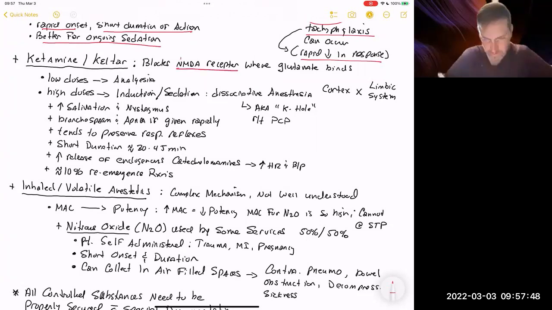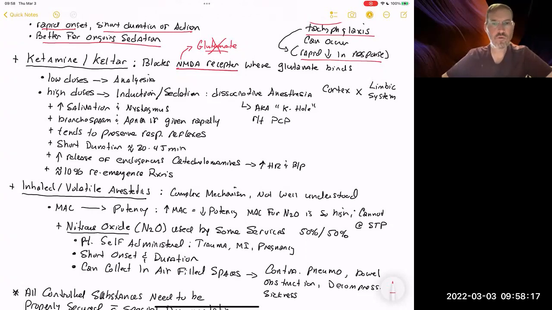And a specific kind of NMDA receptor is a receptor for the neurotransmitter glutamate. And remember, we said that glutamate is the primary excitatory neurotransmitter in the brain. So when you give somebody ketamine, it blocks the glutamate receptors, which are NMDA receptors, all right?